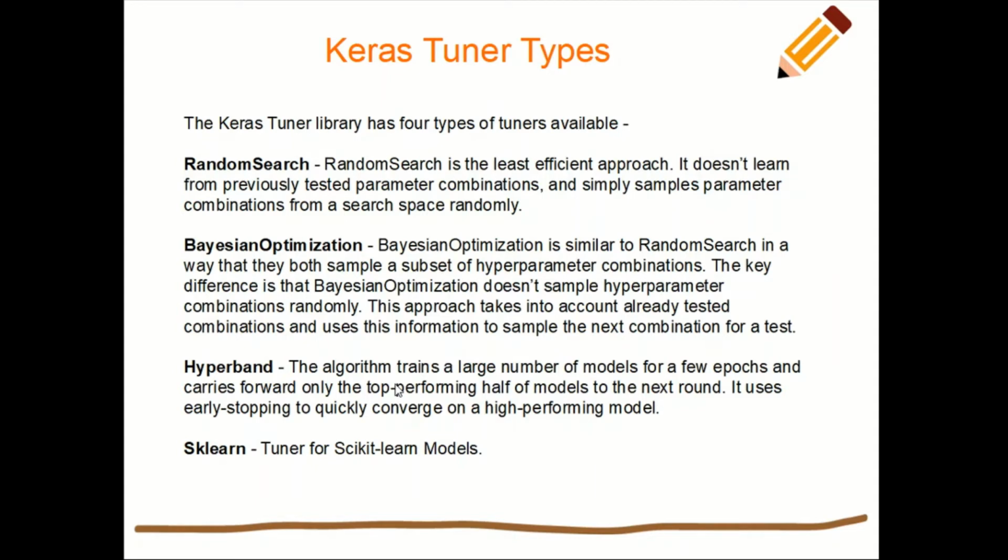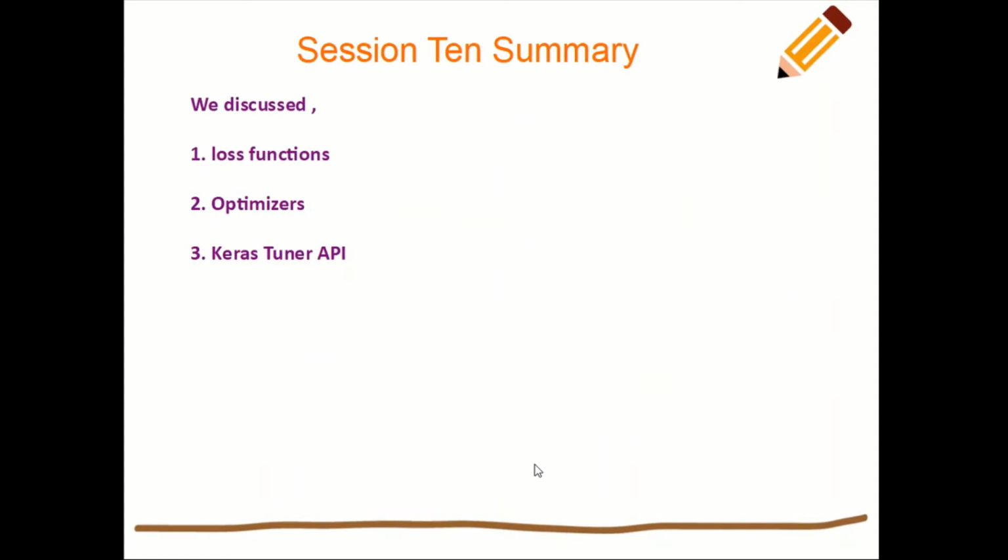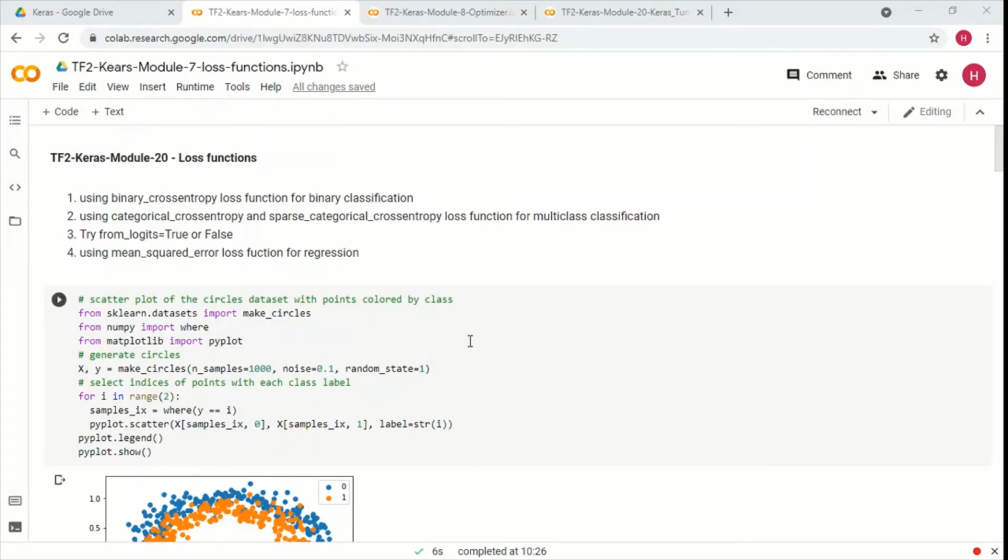It's going to try them out for a few epochs and then throw out, say, 10 models out of 20, and then it'll take those 10 best models and try to reduce them to 5 and things like that, right? So that is the concept of hyperband parameter tuning. And then there is also the Scikit-learn tuner, which is offered by Keras, to be used with scikit-learn models.